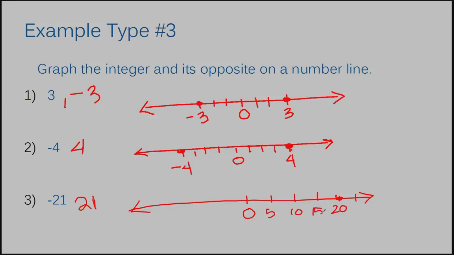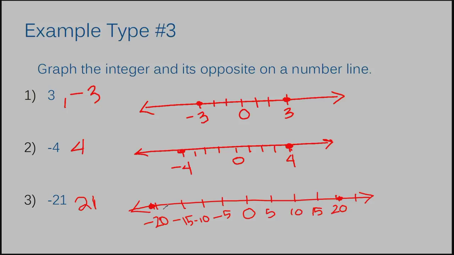That way it's very clear to know, okay, this is one space after, that's a 21. So this is -5, then this is -10, this is -15, and -20. Put one more notch and put my dot here for -21.